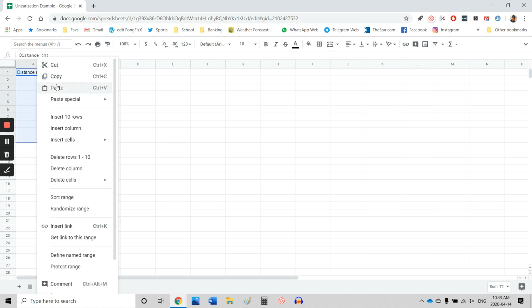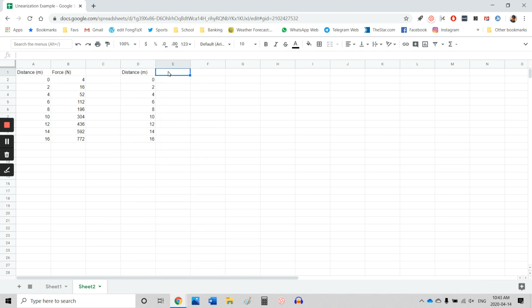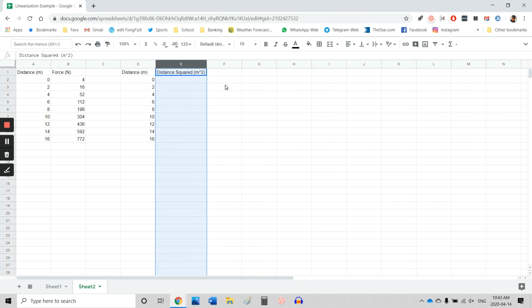I'm going to copy the distance, paste it, and we'll let the spreadsheet do the work. So I want distance squared versus force this time. Mindful of my units, the units get squared as well.